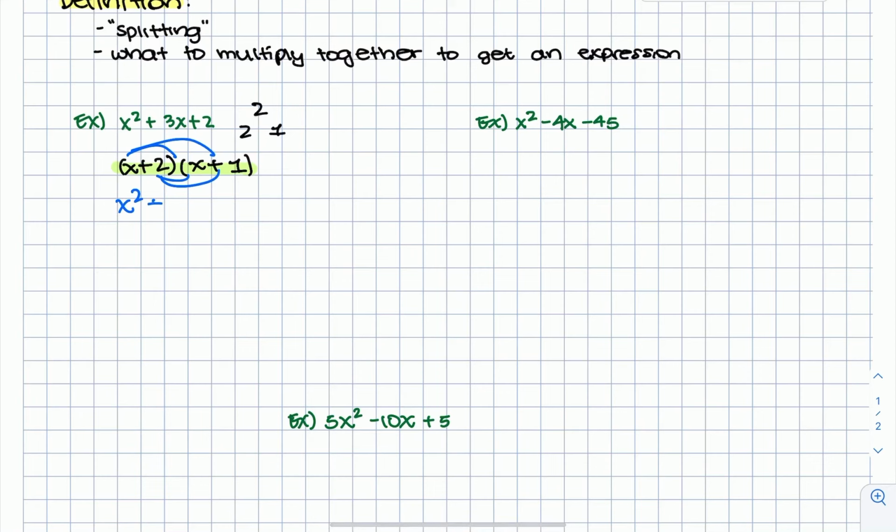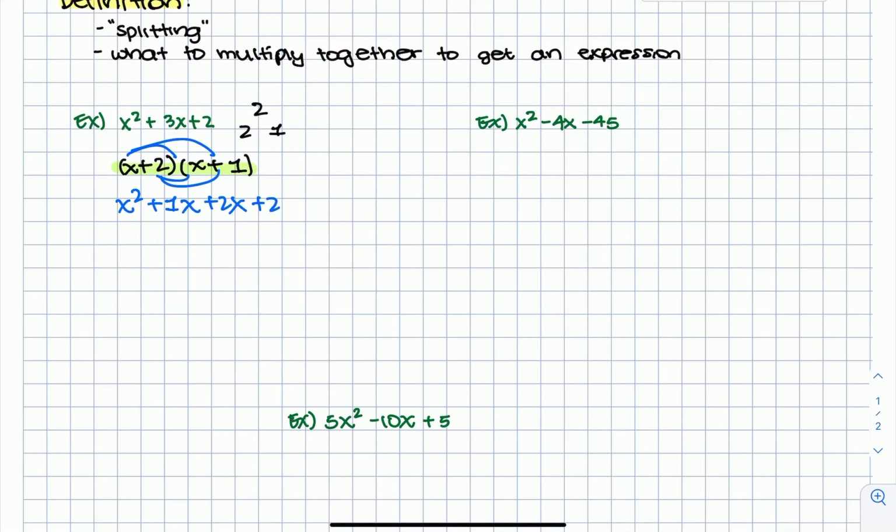Then you have plus 1x because this x still has to multiply with this 1. Then you have 2x because of this. And then you get 2 because 2 times 1 is 2.